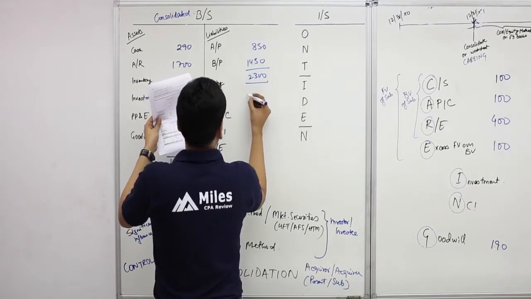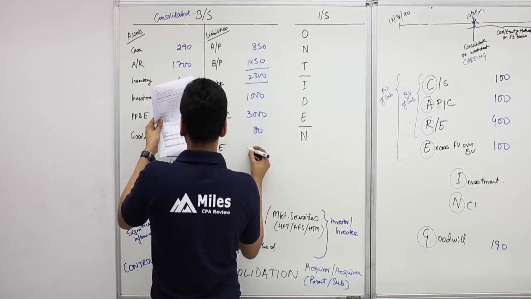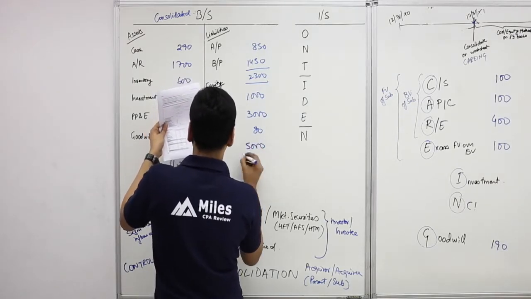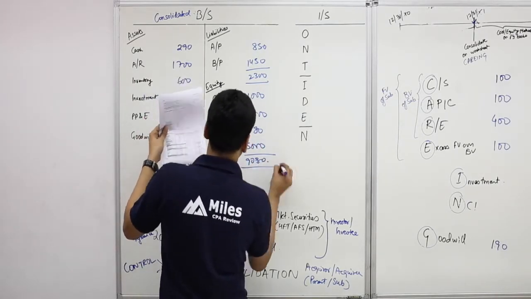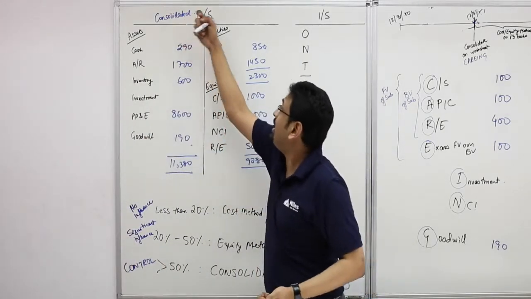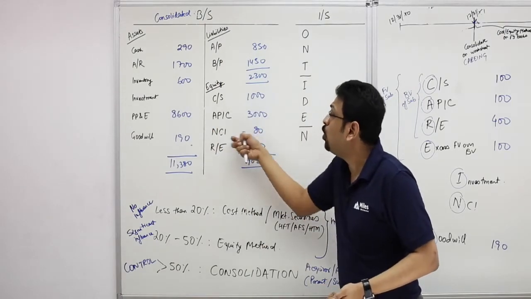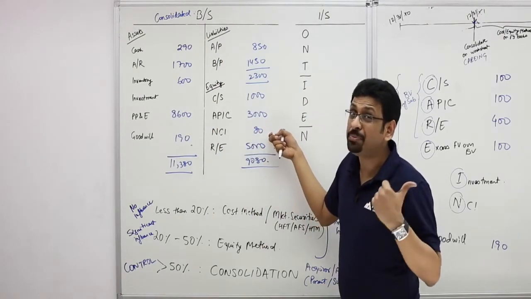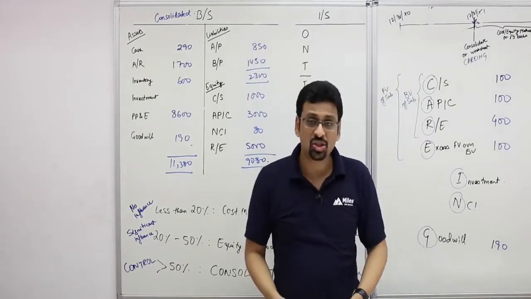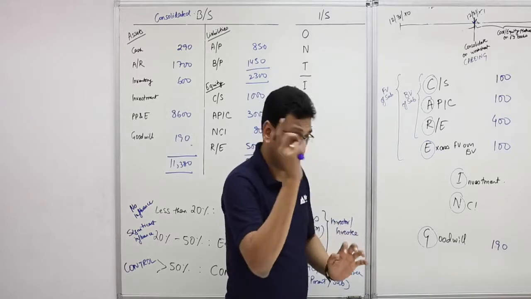Common stock 1,000, APIC 3,000, non-controlling interest 80, and retained earnings 5,000, 9,080. So that's the balance sheet, consolidated balance sheet. And we have non-controlling interest holders who own 10% of the subsidiary, which is a part of the consolidated balance sheet. That is one thing that you really want to understand here. Let's go back there.